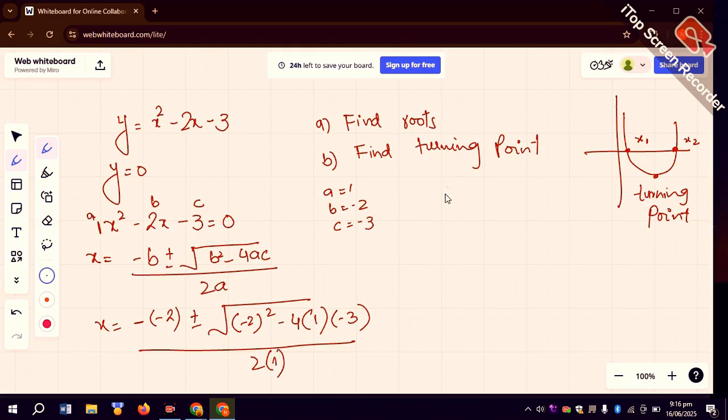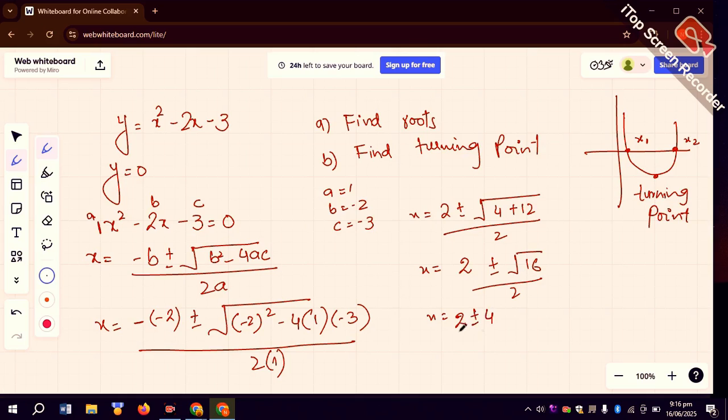Alright, so now x is equal to 2 plus or minus the square root of 4 plus 3 times 4, which is 12, over 2. So x is equal to 2 plus or minus the square root of 16 over 2. You know that the square root of 16 is 4, so 2 plus or minus 4 over 2.